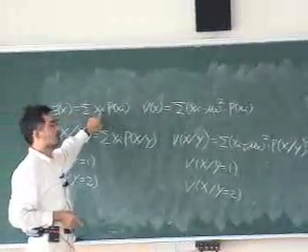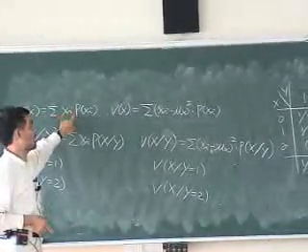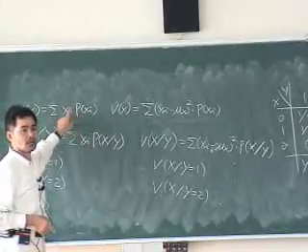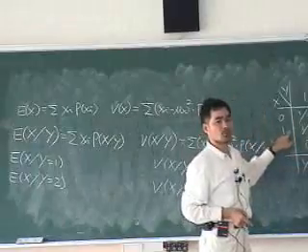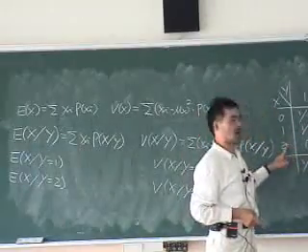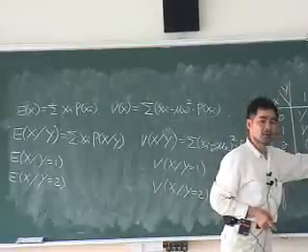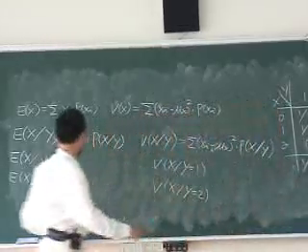So you have 0 times 1/4, and then 1 times 1/2, and then 2 times 1/4. What about here?